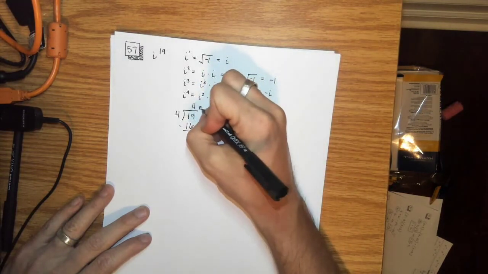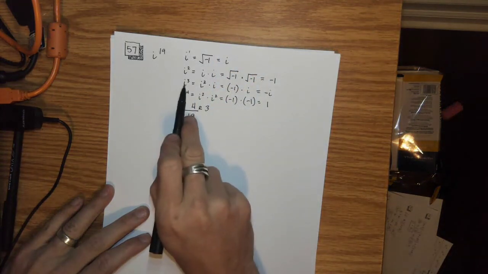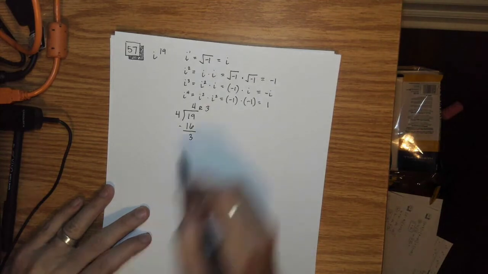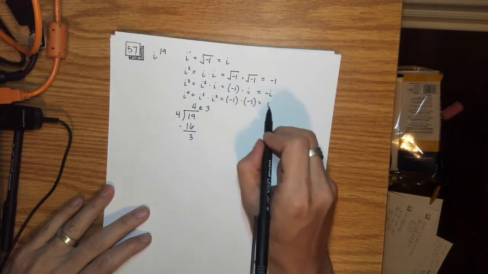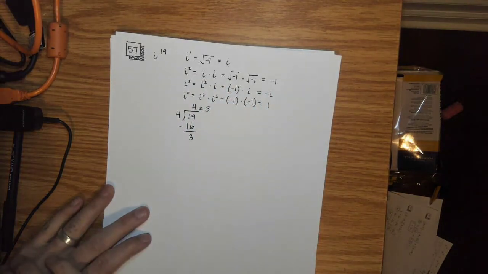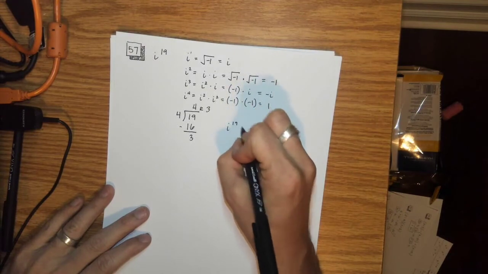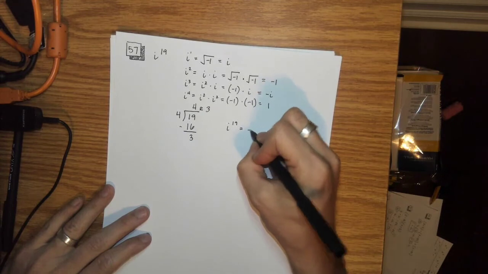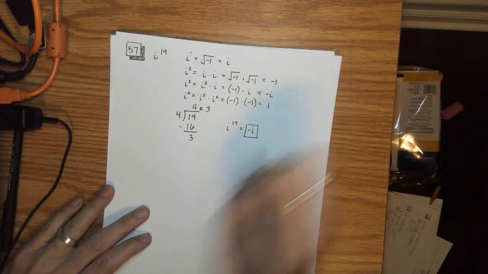This remainder tells us where this is going to be, because it follows i to the 3rd. If we have 0 remainder, it follows the suit of i to the 4th, because it goes in an even number of times, so your answer should equal 1. So i to the 19th is equal to -i. This is your answer, -i.